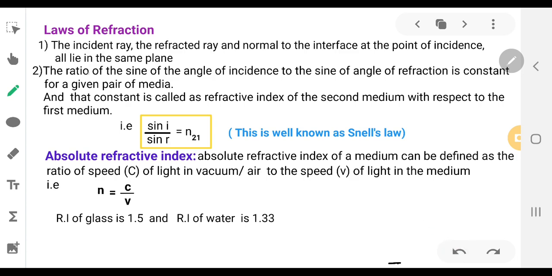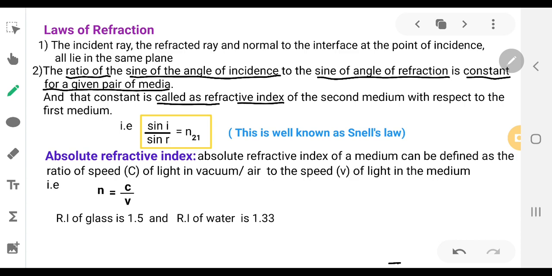The second law: the ratio of the sine of angle of incidence to the sine of angle of refraction is constant for a given pair of media, and that constant is called the refractive index of the second medium with respect to the first medium.